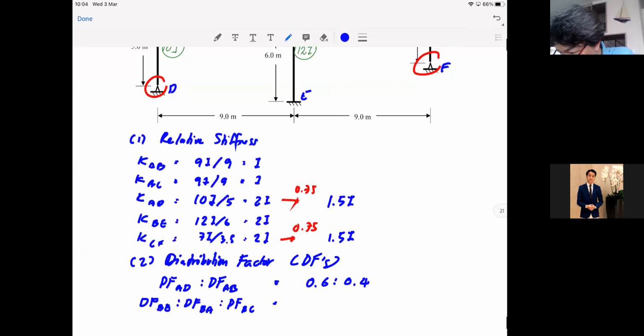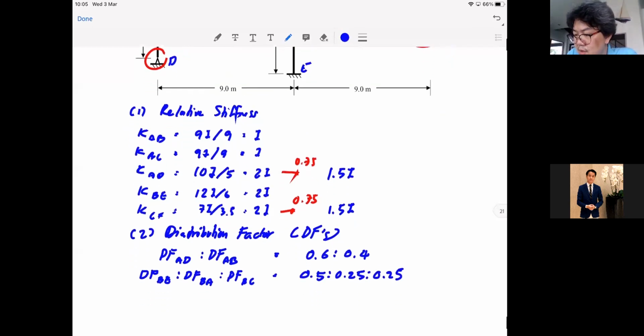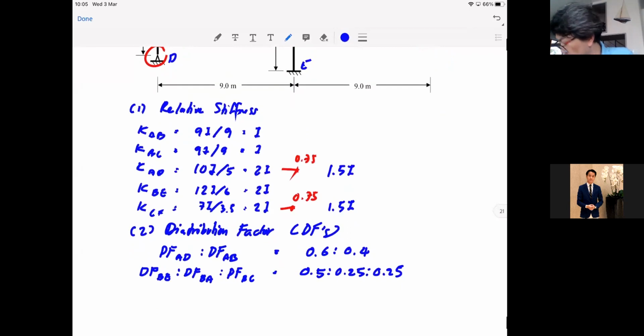We have 2I and I, so that's 0.5, 0.25 and 0.25, right? Notice that the total summation is always 1. And for distribution factor at joint C, it's member CF and member CB. That's 0.6 and 0.4 again. Okay, so we shouldn't have any problem with that.